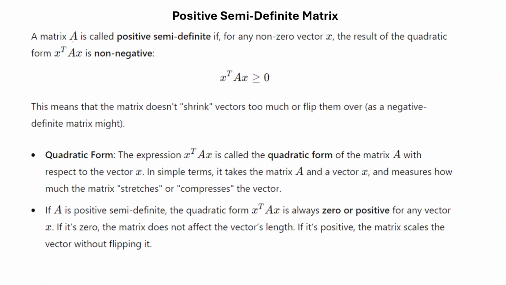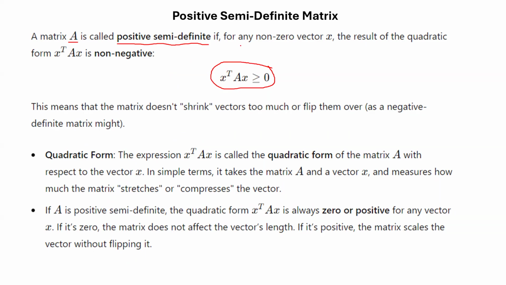Given a matrix A, if this is satisfied, then we can say A is a positive semi-definite matrix. Covariance matrices, you haven't encountered yet, but you'll come to them later. Such kinds of matrices are called positive semi-definite matrices.